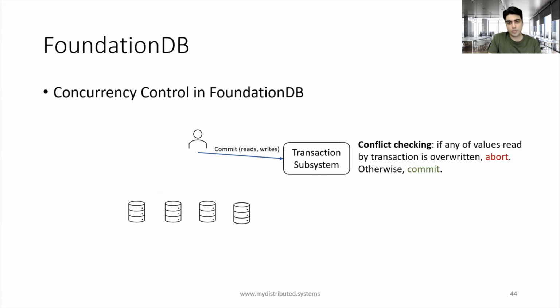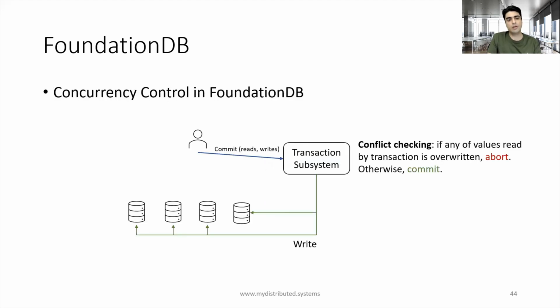The transaction subsystem does the conflict checking. If any of the values read by the transaction is overwritten, the conflict checking aborts the transaction. Otherwise, it commits the transaction. When it commits, it returns to the client, and the storage nodes get the updates from the transaction subsystem and apply them.